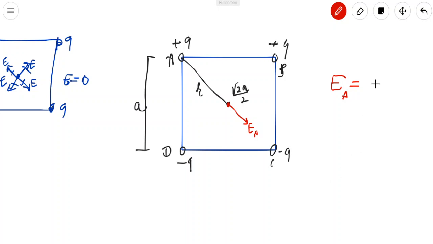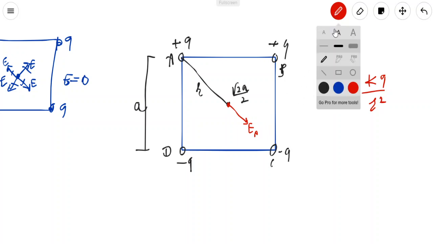In our case it is K, the charge, Q by R square. R is the distance. But remember, this distance is otherwise called root 2a by 2, but we will use that later to avoid complexity. So, this is the electric field in this direction, KQ by R square.